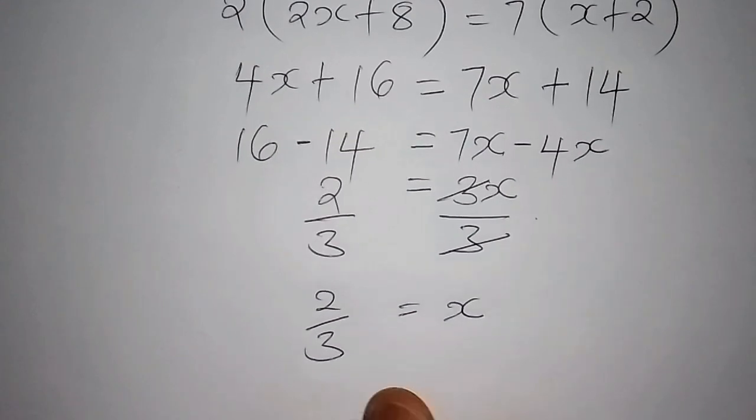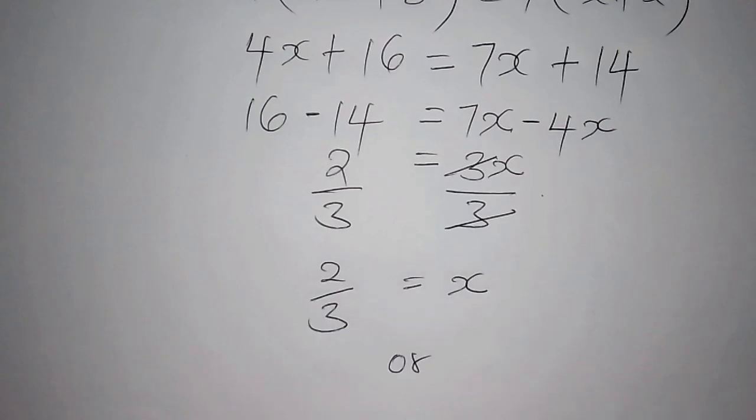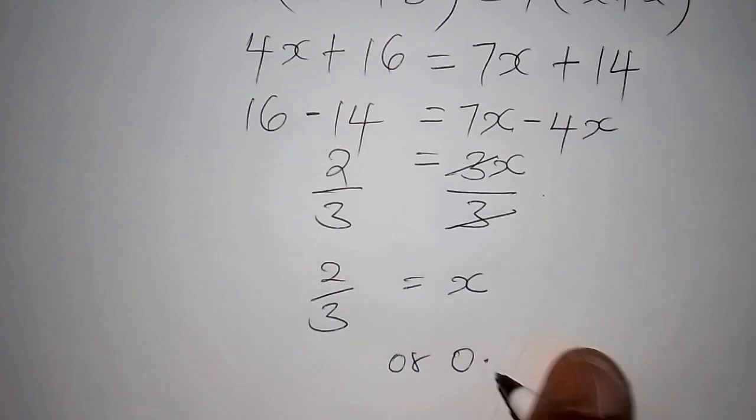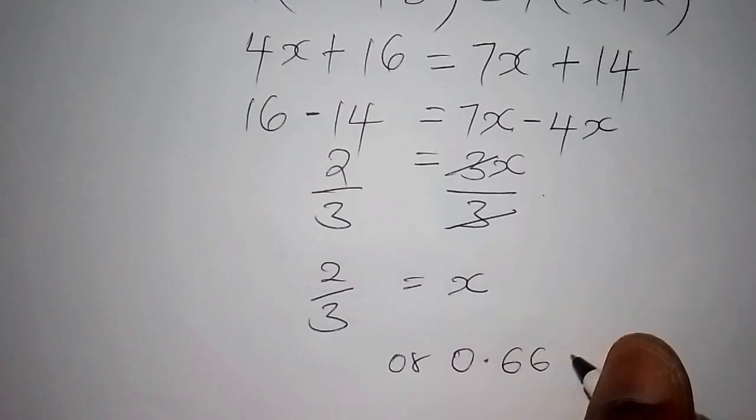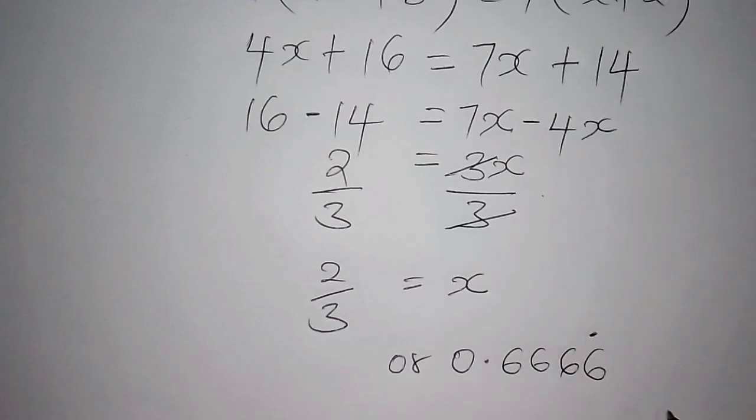Apart from that, we can say 2 over 3, or we can change 2 over 3 into a decimal. When you change 2 over 3 into a decimal, we shall have 0.6666 recurring, meaning that 6 is repeating itself.